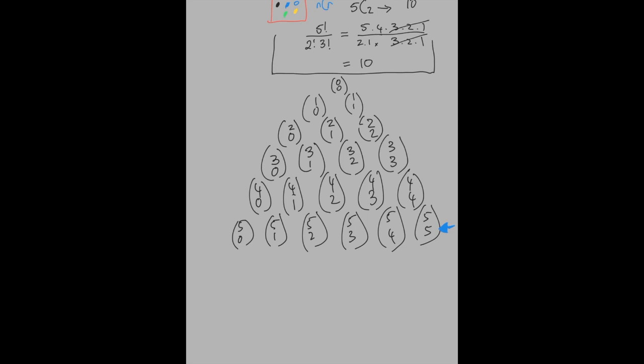Now that coincides with the expressions. Remember that this coefficient was 1, and this was 5. This is 10, 10, 5, 1. And that coincided with the fact that we have our a to the power of 5 plus 5a to the power of 4b plus etc. And this is the one that we're interested in.